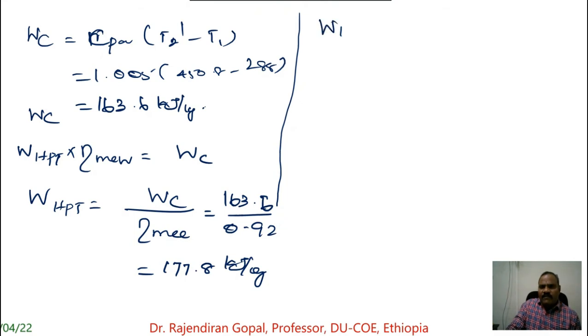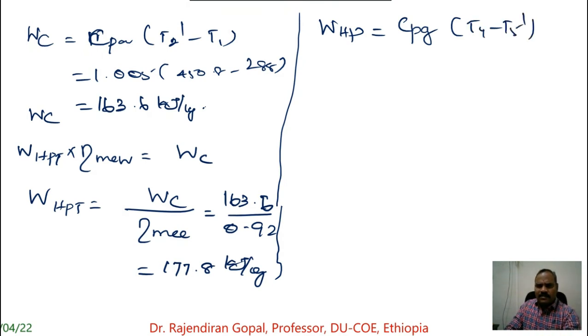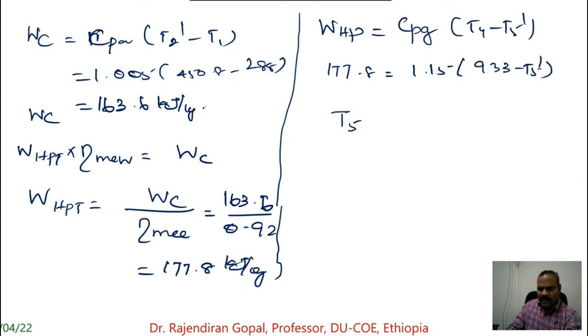Now, the work of the high pressure turbine is equal to Cp of gases multiplied by T4 minus T5 dash. That is, 177.8 is equal to 1.15 multiplied by 933 minus T5 dash. That is, T5 dash is equal to 778.4 Kelvin.